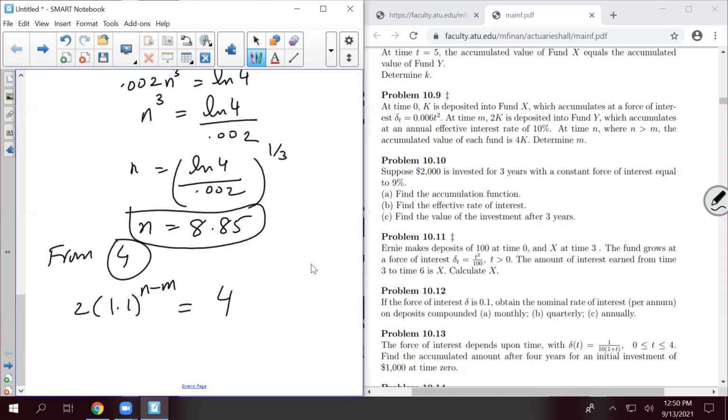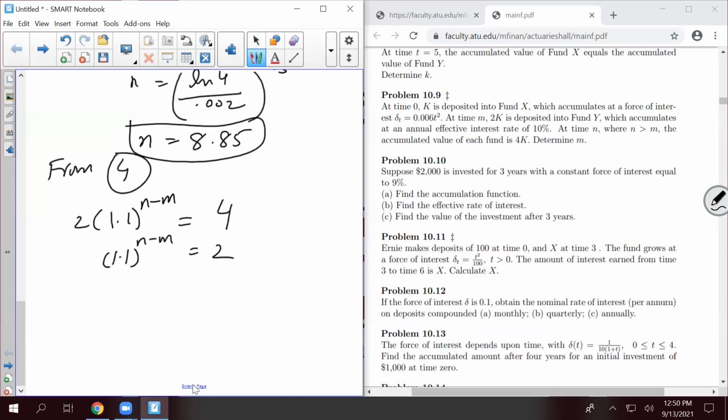Okay, so from here, what should we do to solve for n minus m? Divide by 2 first. Get 2, and then take the ln. So n minus m is equal to ln 2 over ln 1.1.